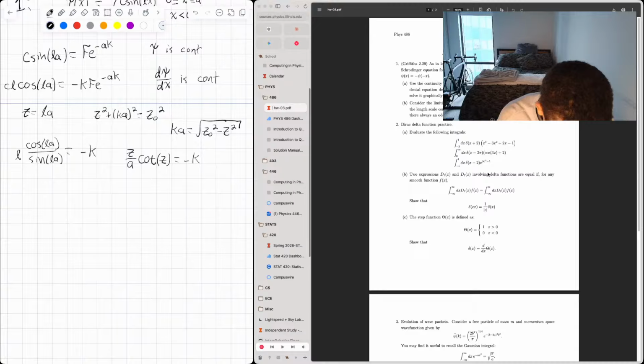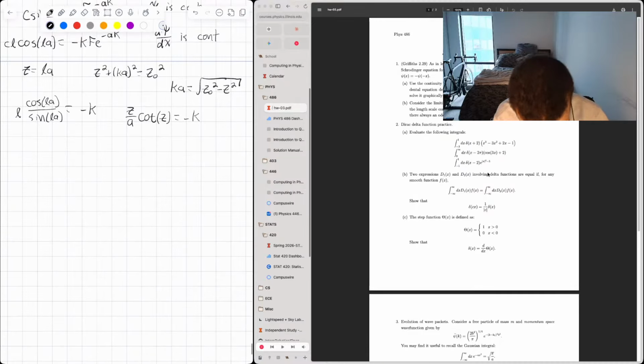Wait, hold on. Divided by Z. Yeah, that's fine. Yeah, that makes sense. Okay. So we have minus Ka divided by Z equals cotan of Z, right?